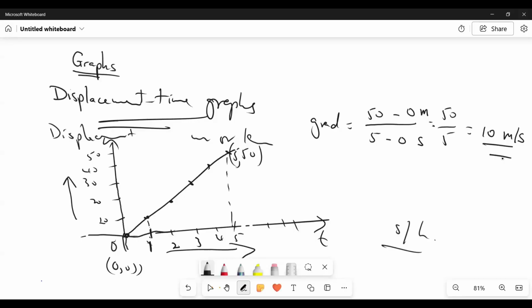So what you're seeing, the gradient of a displacement time graph is velocity. It actually gives you the velocity. Is that clear? The gradient of a displacement time graph gives you velocity, right? And if you want to change displacement to distance, the gradient of a distance time graph gives you speed, if you want to change those words up.